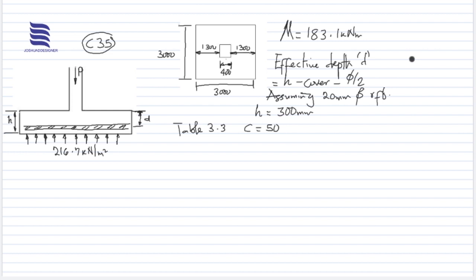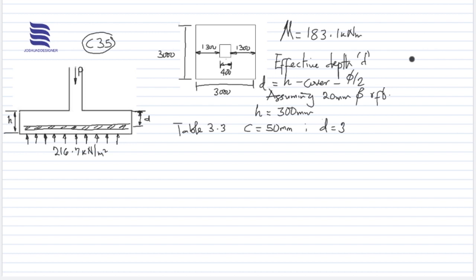So our cover here will be 50 millimeters because of the severe condition, as a result of the alternation between the wet and dry condition of the soil. From there we can obtain our D, which is the effective depth.